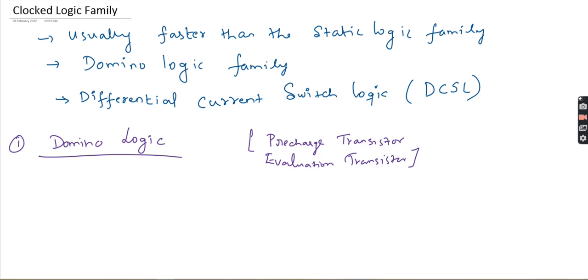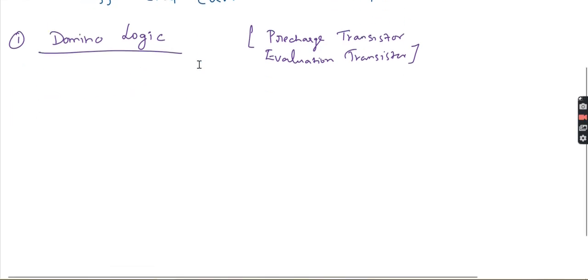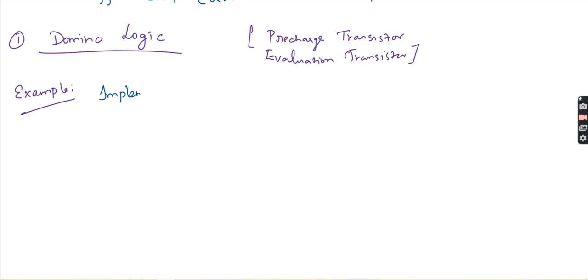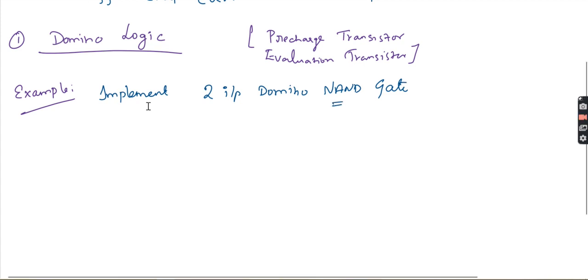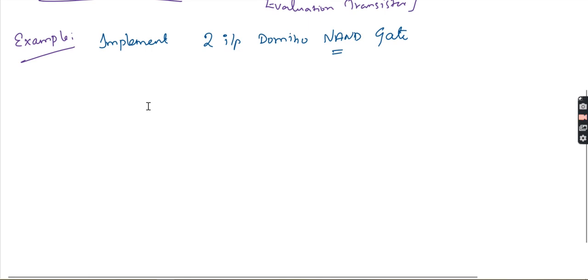First, let us go for an example of domino logic. Example: implement a two input domino NAND gate. Before implementing it, I will show the general circuitry of domino logic.